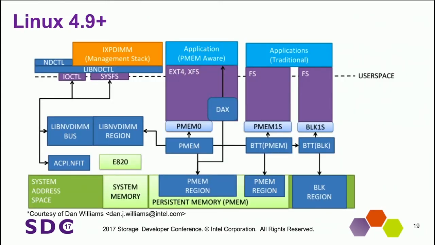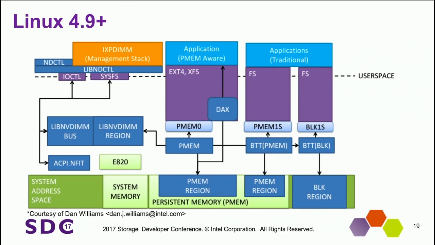So this is a diagram that I stole from Dan Williams at Intel, which represents the Linux NVDIMM subsystem. The libNVDIMM subsystem defines a kernel device model and control message interface for platform NVDIMM resources. It provides support for 3 types of devices: PMEM devices, block devices, and NVDIMM devices that support both simultaneously.